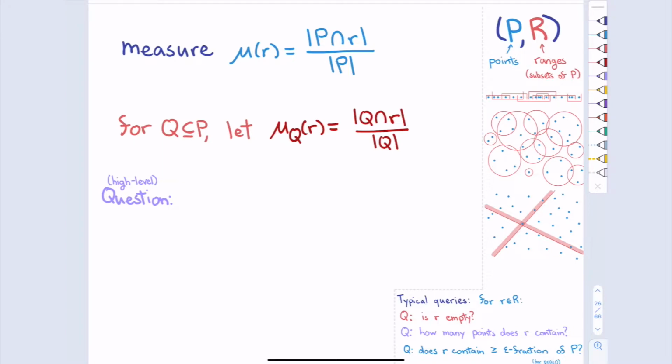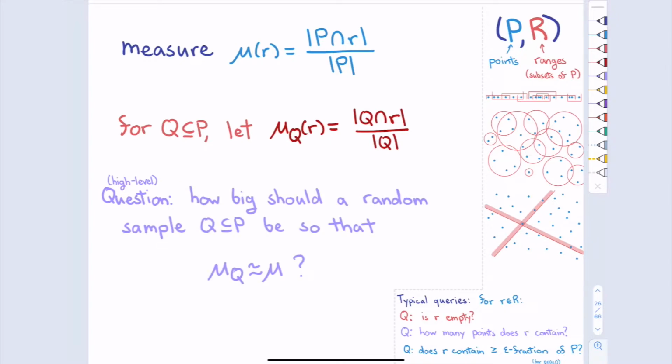And the high level question we're interested in is this. Suppose I subsample, say with repetition, a set of points. To what extent is it going to preserve the measure? What I would really like is, I have a gazillion points, and I'm roughly interested in approximating the measure of all the ranges.